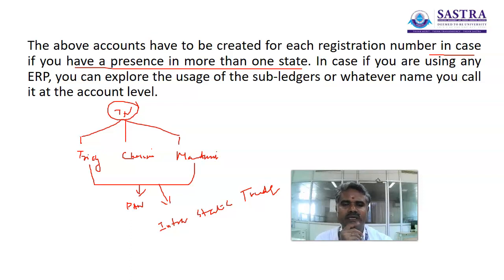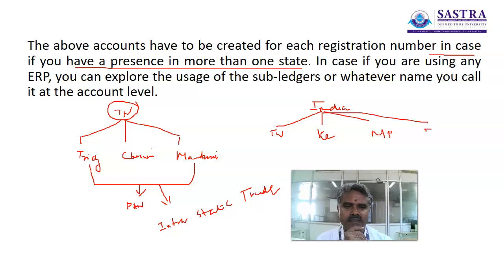In the other case, suppose you are doing business in India in different states. Take an example: Tamil Nadu, Kerala, Madhya Pradesh, and also Delhi. When you do business in all four states, you have to register in each and every state separately. So here separate registration is required.